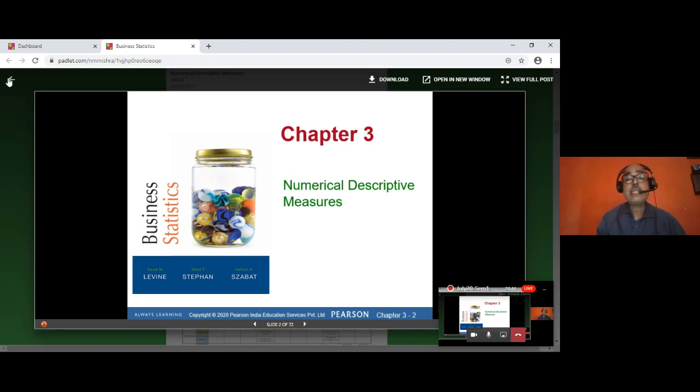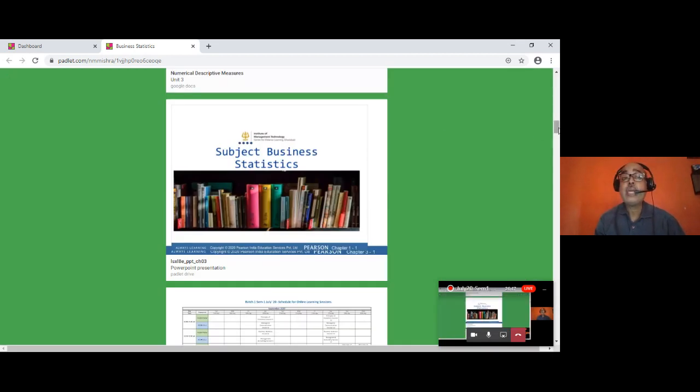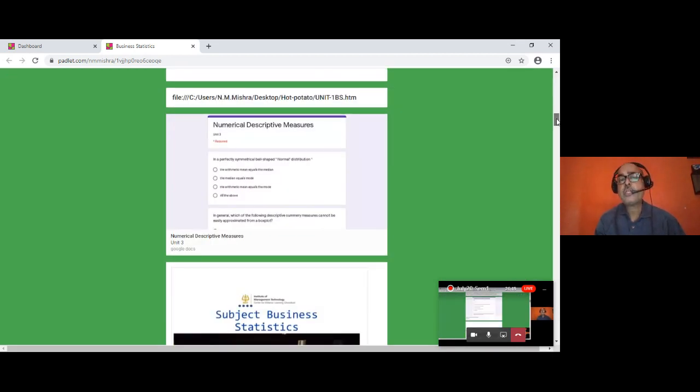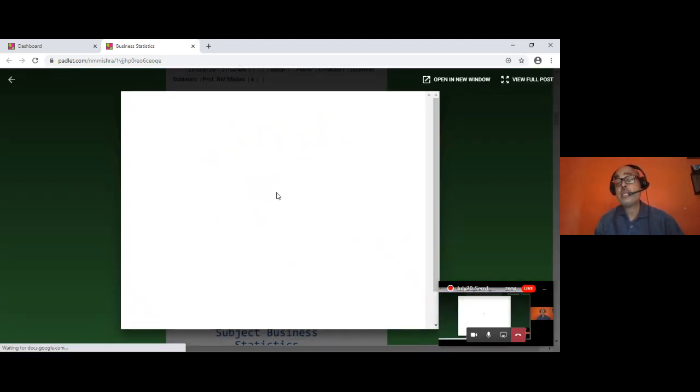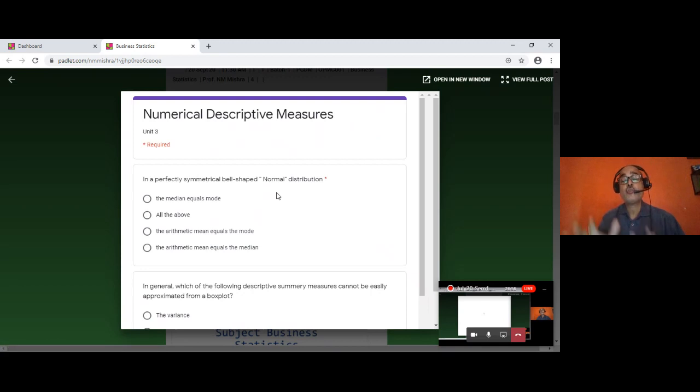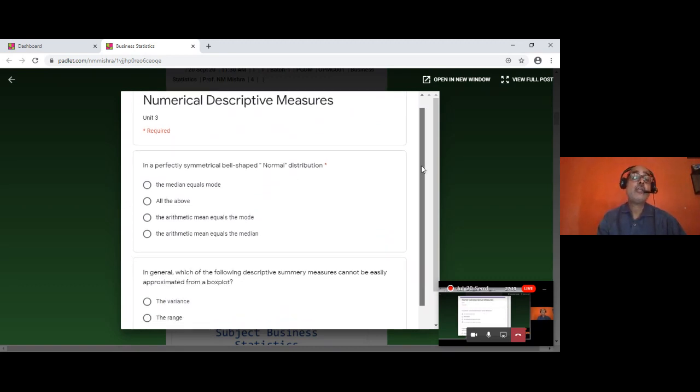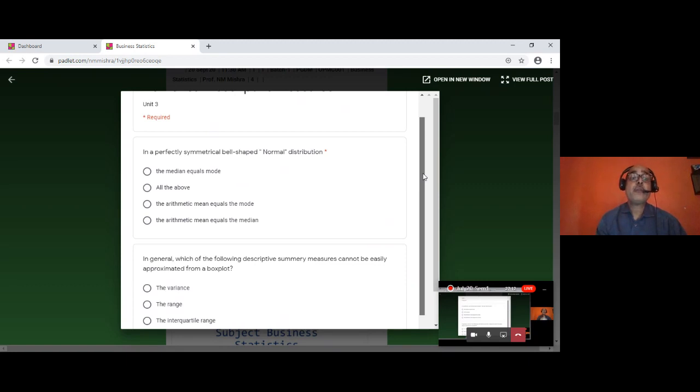At the end of this session, we have to do multiple choice questions. I have already put up an MCQ here for your test. Once you complete the whole 1 hour journey, you have to go to this platform, where we have uploaded some unit 3 questions. For example, I have given a perfectly symmetrical bell-shaped normal distribution question, and you have to choose the correct option.